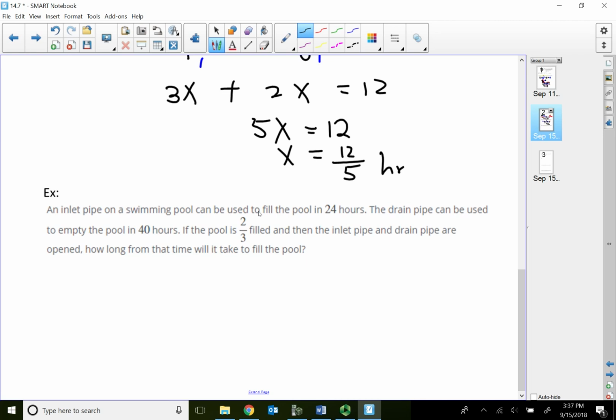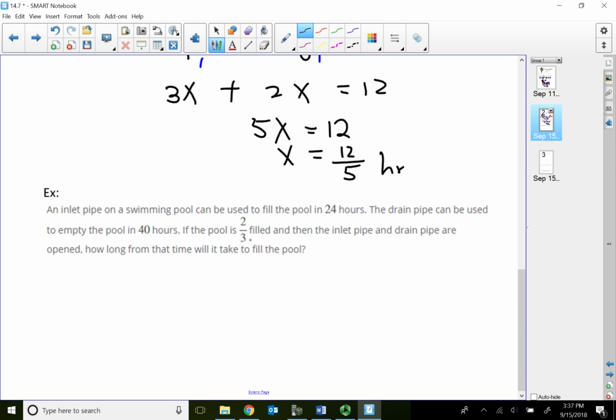Okay, so what that means so far is the water is going into the pool faster than it can drain out. That's a very important concept, because the water is coming in at a faster rate than it can drain out.